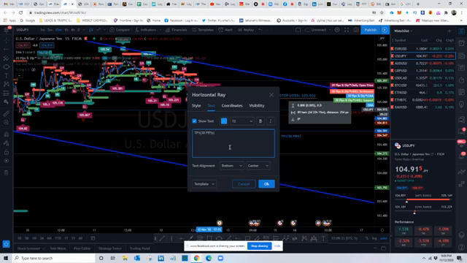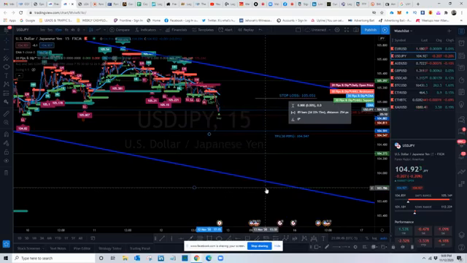And then the price is going to be, let me look here, 104.547. And so this is the smart way to go, because then when price alerts you, then you can jump in for a sell in the market.